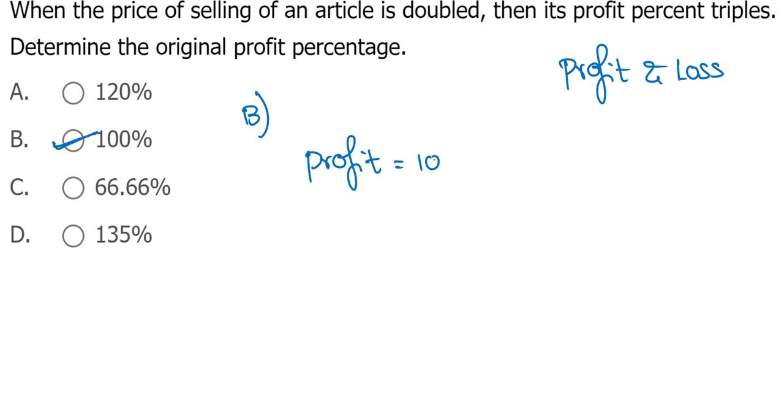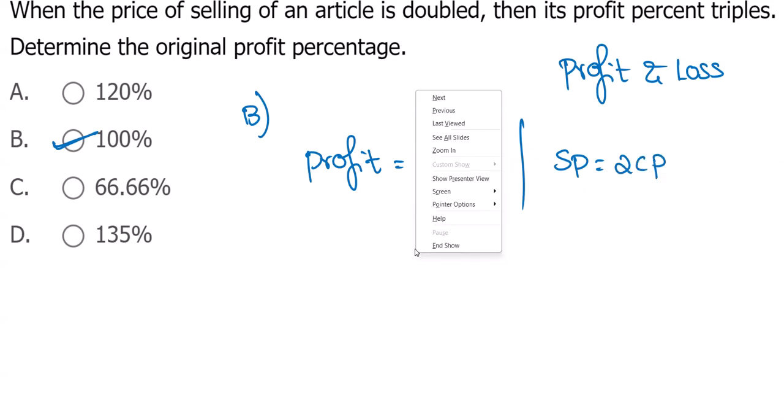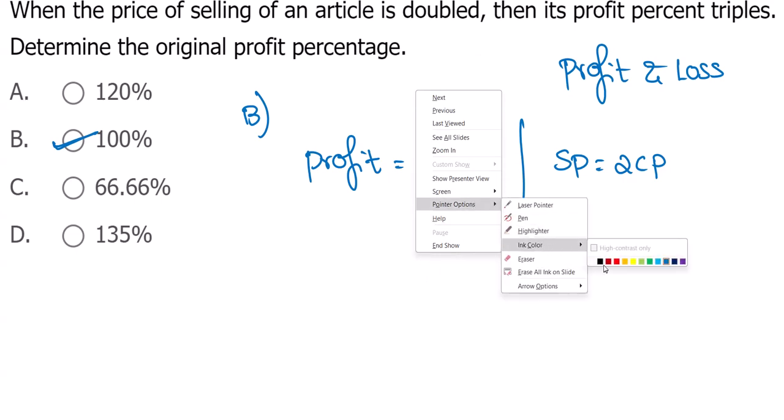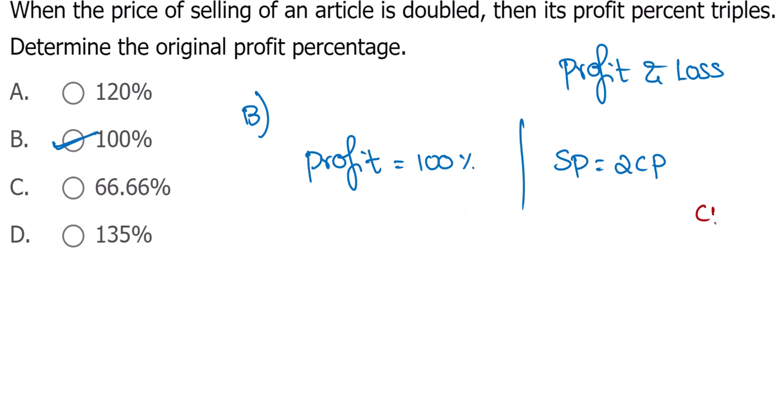Profit equal to 100% means selling price is double the cost price. If cost price is 100, let's assume, then selling price will be 200.